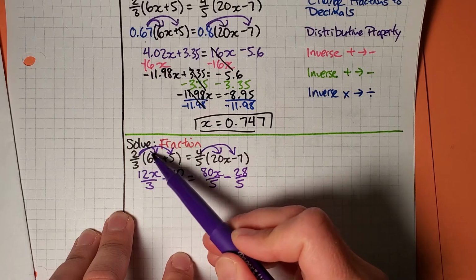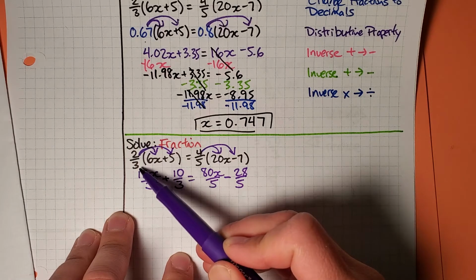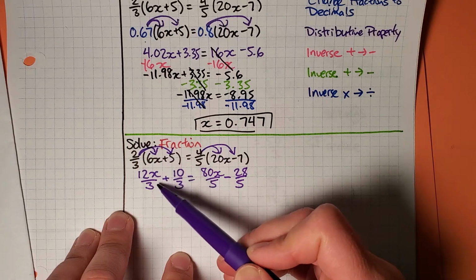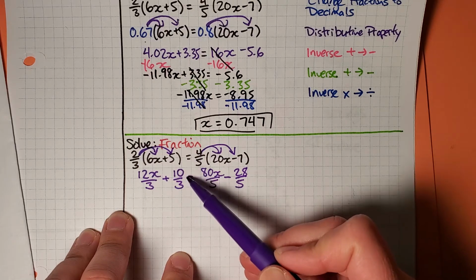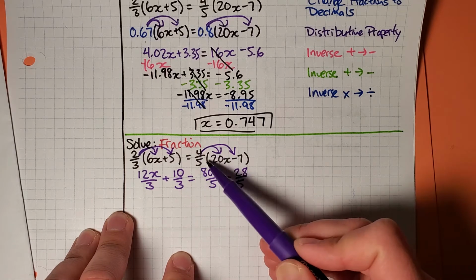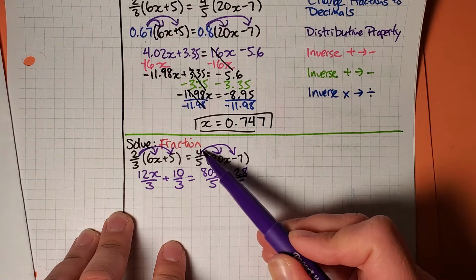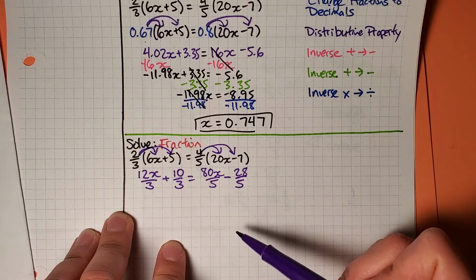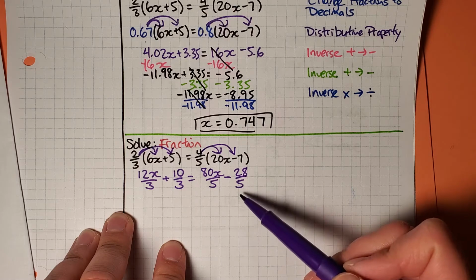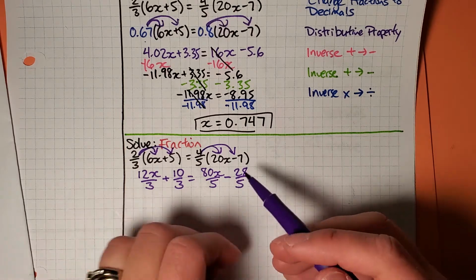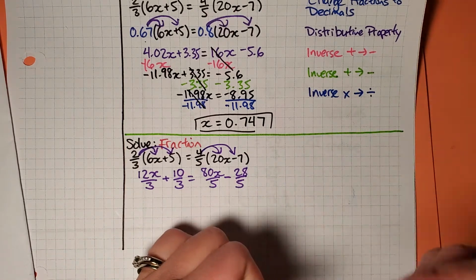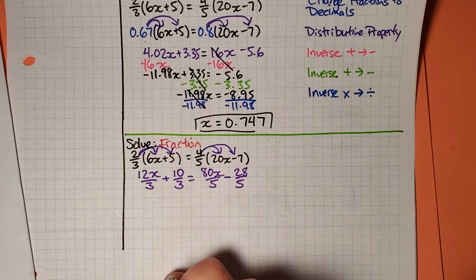So for this, you get 2 times 6x, or 2/3 times 6x, 12x over 3, 10 over 3. This one, 80x over 5. This one, 28 over 5. All right. Sometimes you'll look at this and think, I should just keep the fractions as they are.